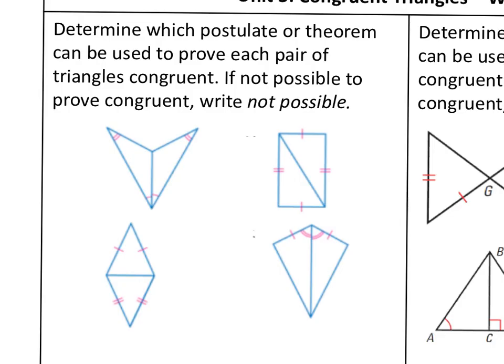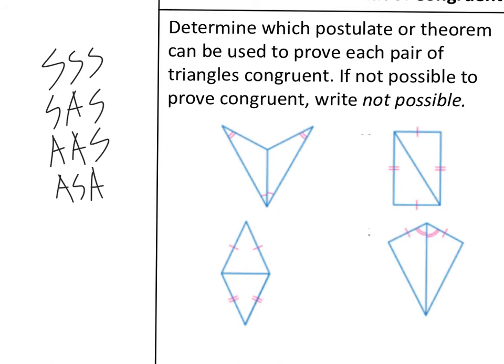Okay, so this next problem says, determine which postulate or theorem can be used to prove each pair of triangles congruent. If not possible to prove congruent, write not possible. So let's look at our menu of options here. In this chapter you learned about these 4 congruency postulates or theorems: side, side, side; side, angle, side; angle, side, angle; and angle, angle, side.